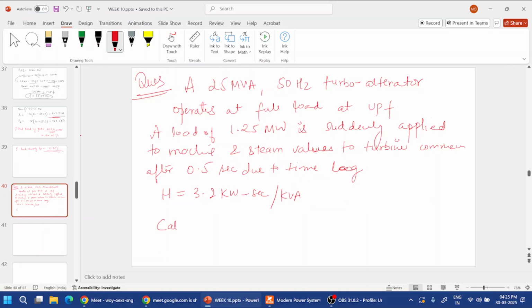What we have to do? We have to calculate the frequency just before the steam valve begins to open. We have to calculate that frequency.